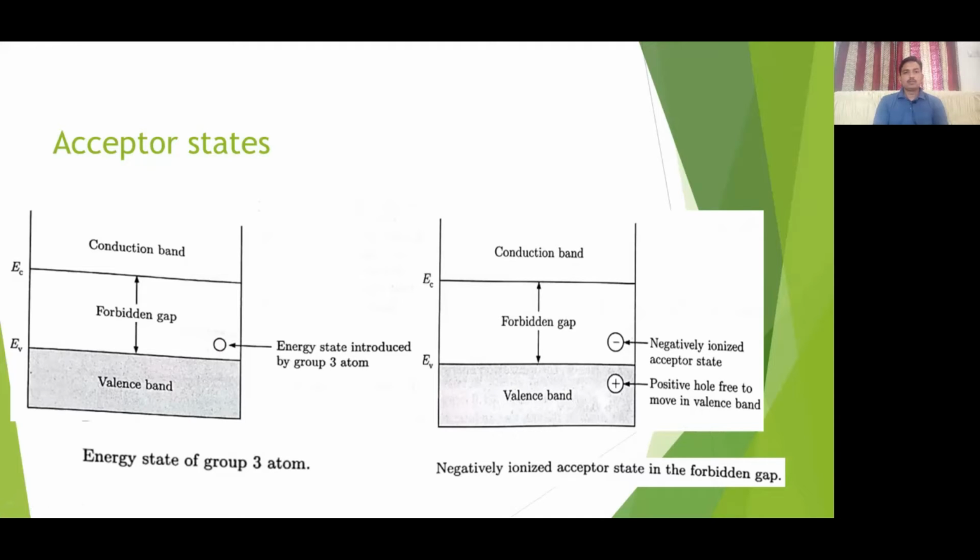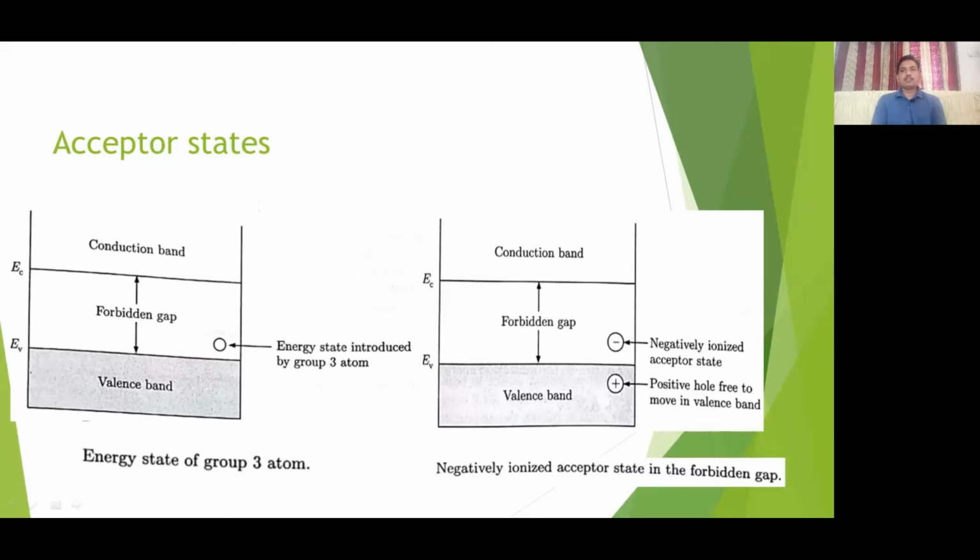So electrons near the top of the valence band can easily jump from the valence band and occupy this state. So when electrons occupy this state, they leave behind a hole in the valence band.